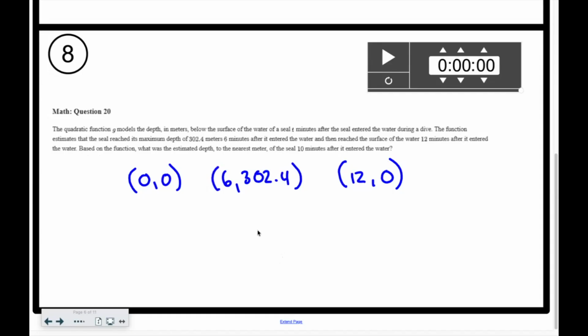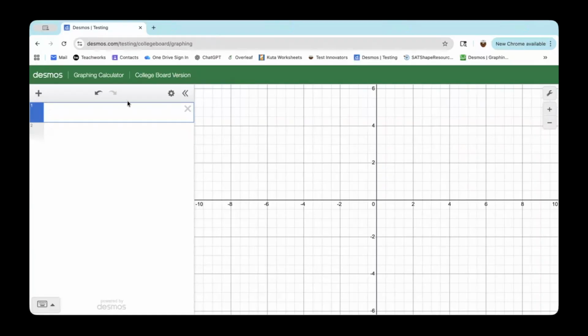And rather than writing the equation and doing all that work, we could just use Desmos. And let's remember, we're going to try to figure out what the depth is after 10 minutes. So let me show you how to just do that really quickly in Desmos. So you add a table, and then I'm going to put those values in.